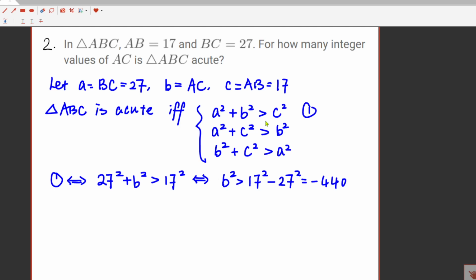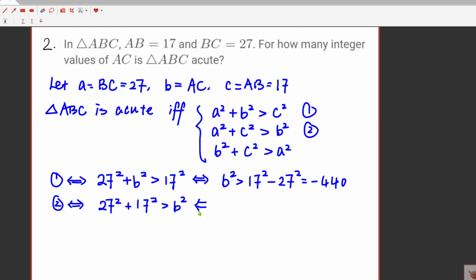So we don't really care about the first one, right? The second inequality is equivalent to 27 squared plus 17 squared must be greater than b squared, right?